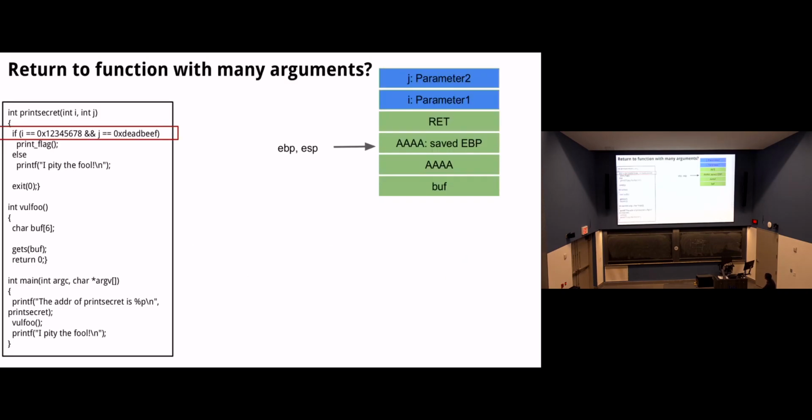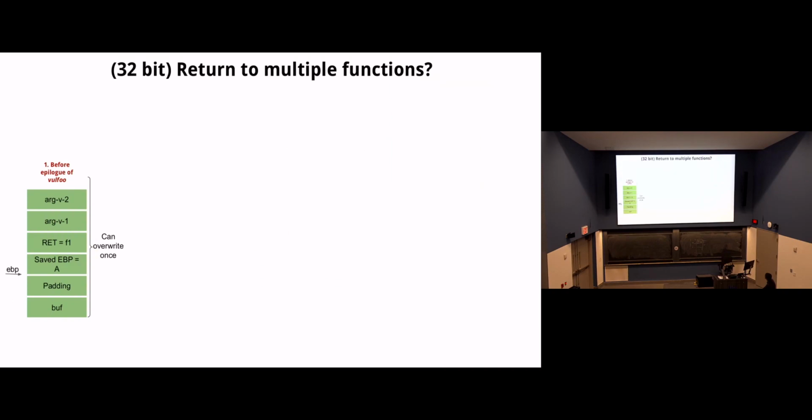So let's go back to the example here. Let's say this is the epilogue of the vulnerable function valfoo. EBP points to the saved EBP, and for this one we just put some garbage there. Then for the return address we put the function f1's address there.